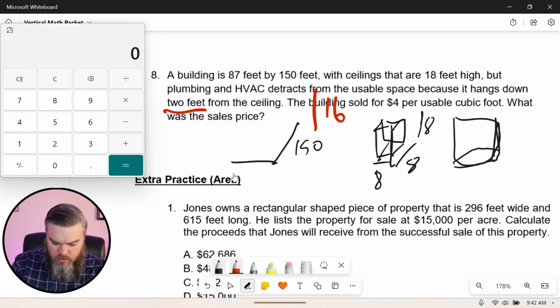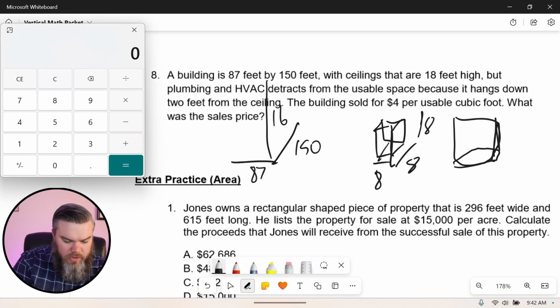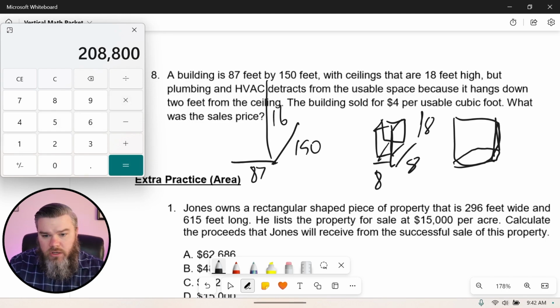Okay, let me go back here because I've made it all silly now. So it was 87 by 150, and then the height here is 16 feet. So now we're saying 87 times 150 times 16 to give us cubic feet of 208,800. Okay, we got 208,800 cubic feet.